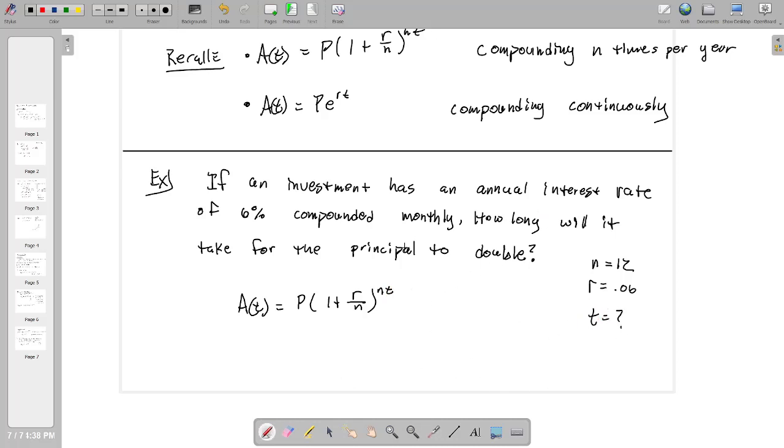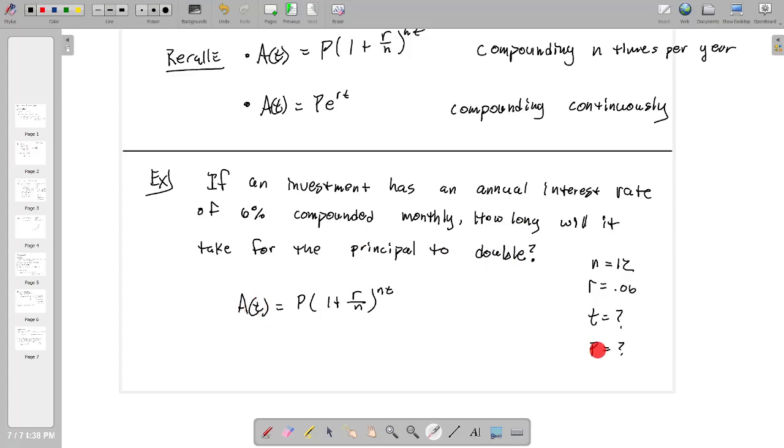Now, what is the principal? We don't actually know the principal. So how do we solve this type of problem? Well, we don't really need to know the principal because we're looking for the length of time that it'll take for the principal to double. So we know after a certain period of time, our A of t will actually be twice the principal.